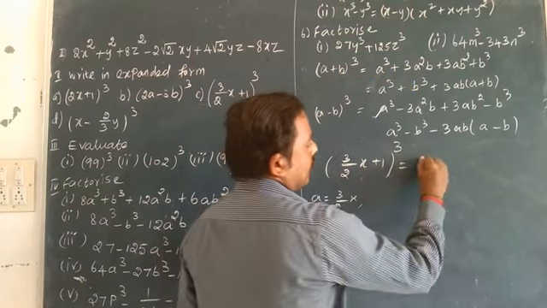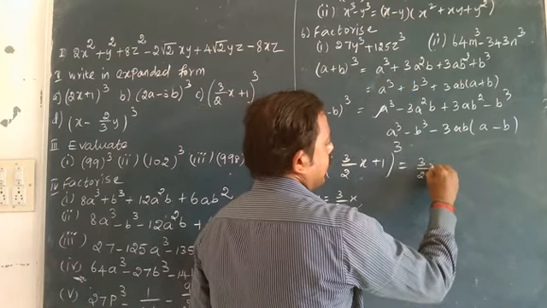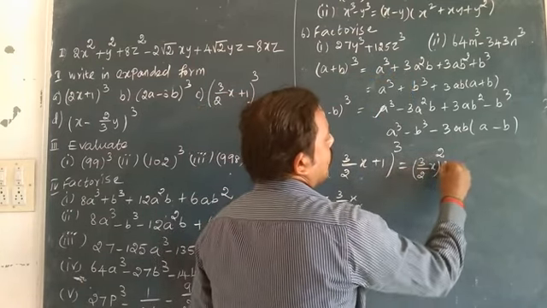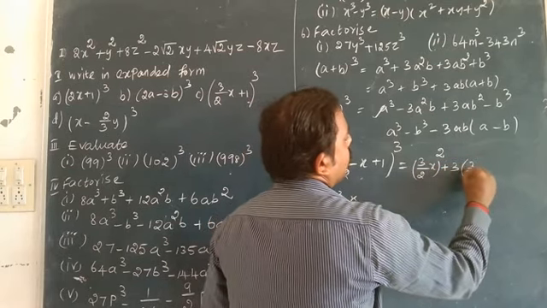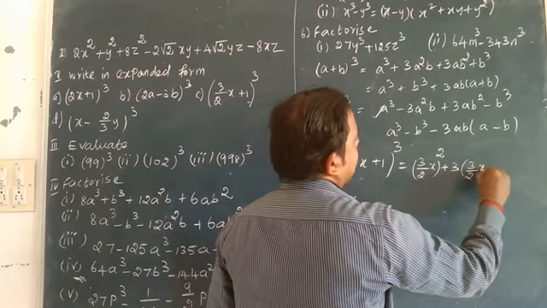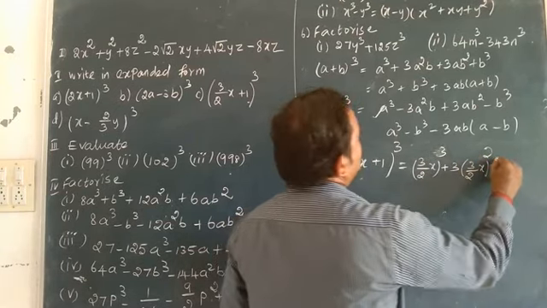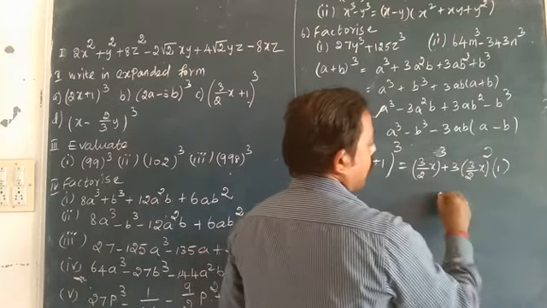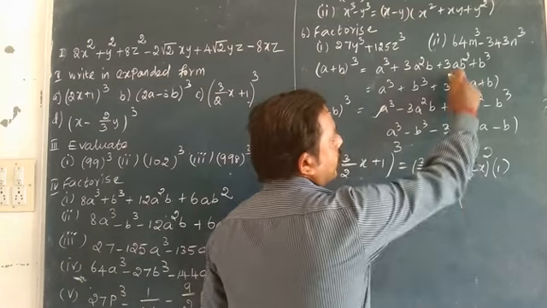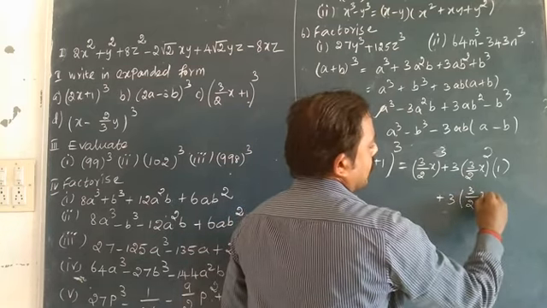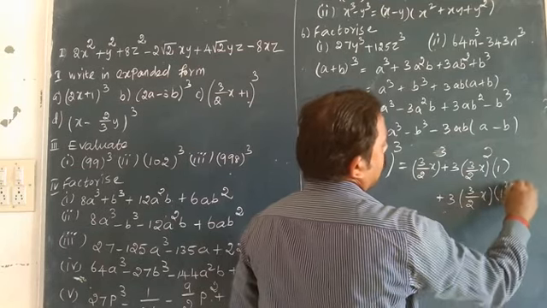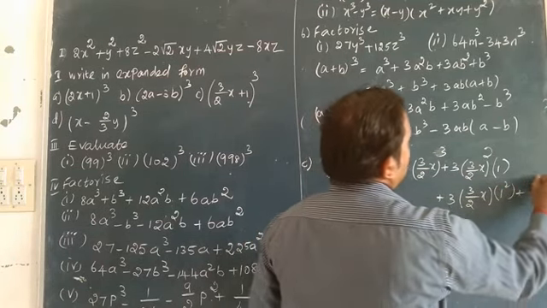So a cube, (3 by 2 into x) cubed, plus 3 into (3 by 2 into x) the whole square into b, value 1, plus 3 into a, 3 by 2 into x, into b squared, so 1 squared, plus b power 3, so 1 power 3.